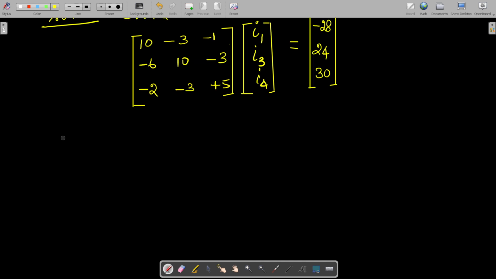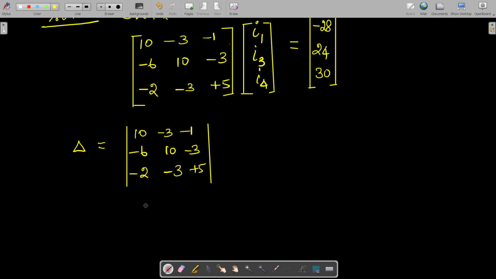So from that I can write the delta value, right? So delta is equal to the determinant of these coefficients. So it is 10, minus 3, minus 1; minus 6, 10, minus 3; minus 2, minus 3, plus 5. But in order to solve this easily, I can extend this determinant like this.